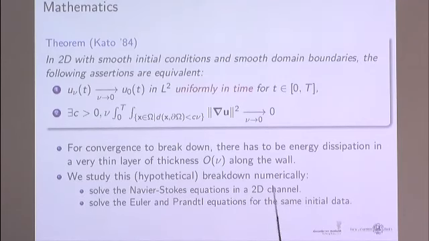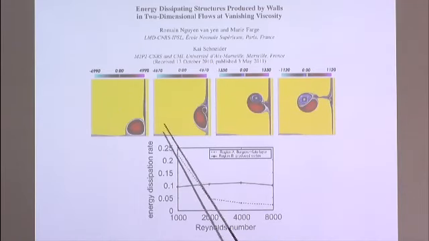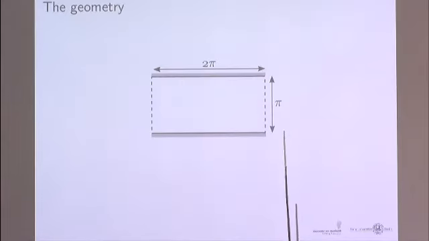And to study that numerically, let's move directly to the picture. So these are the results we had previously. Maybe I skip this and go to the explanation of the geometry, it will be easier to understand.